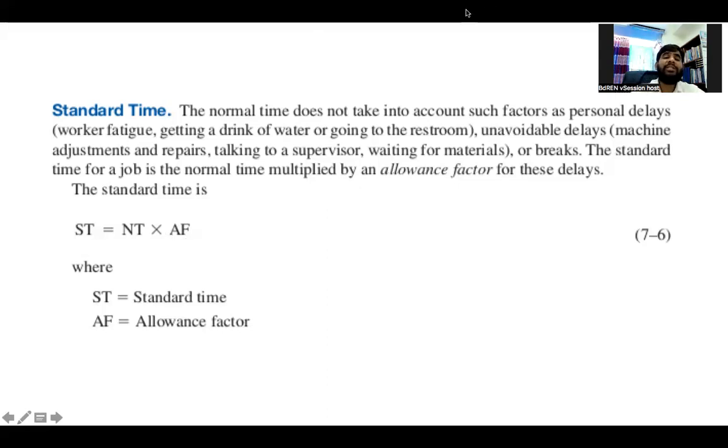It may be, say for example, 20% of normal time. That can be 20% of normal time plus normal time.